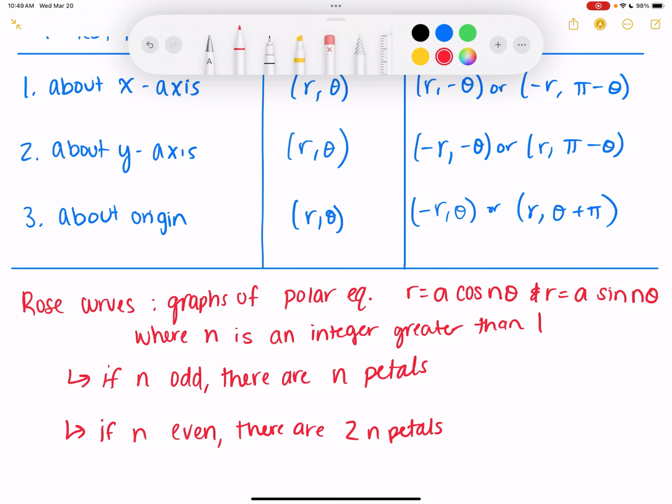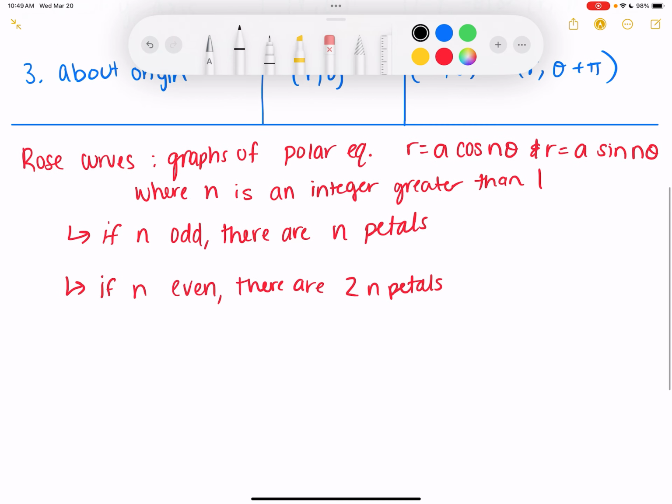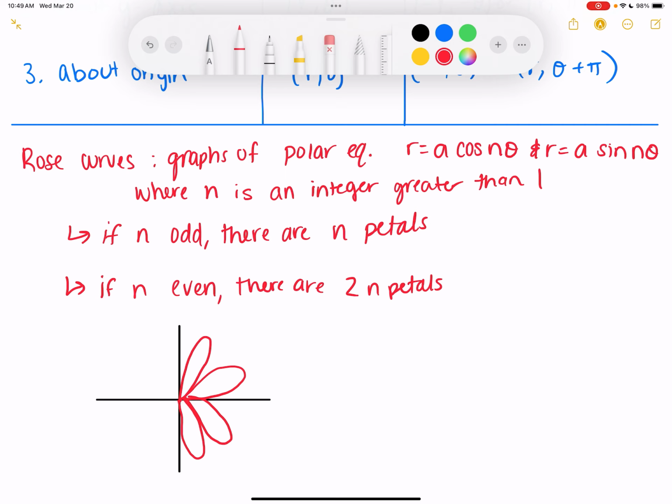So just for a visual of what this could look like, obviously this is not going to be perfect, but just roll with it.